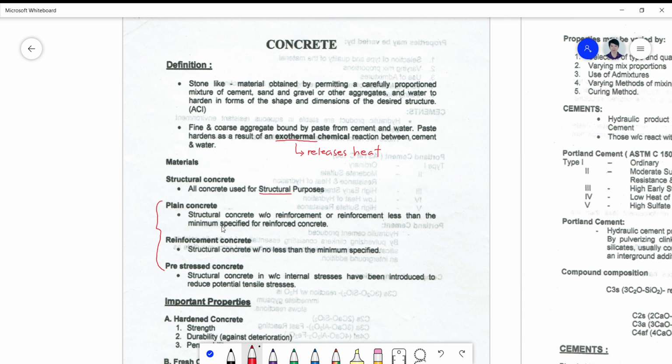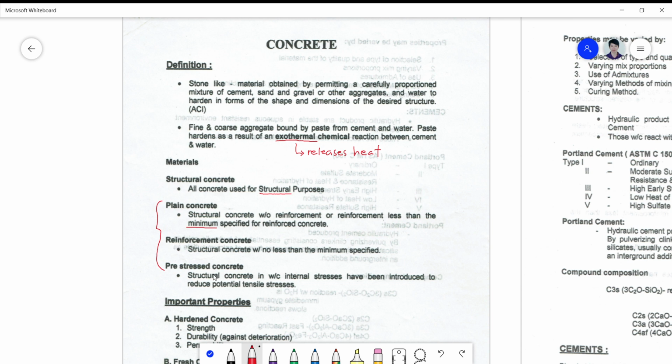So if we have a structural concrete without reinforcement, or the reinforcement is less than the minimum allowed as specified by the code, you call it plain concrete. If there is a structural concrete with at least a minimum specified reinforcement, we have what you call reinforced concrete.